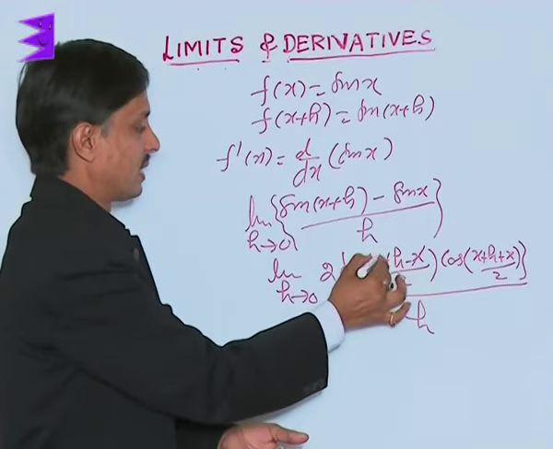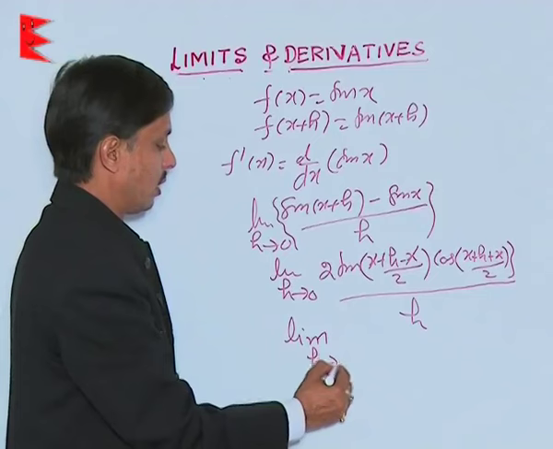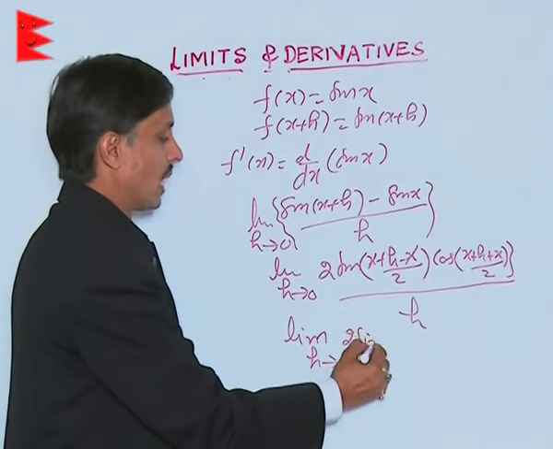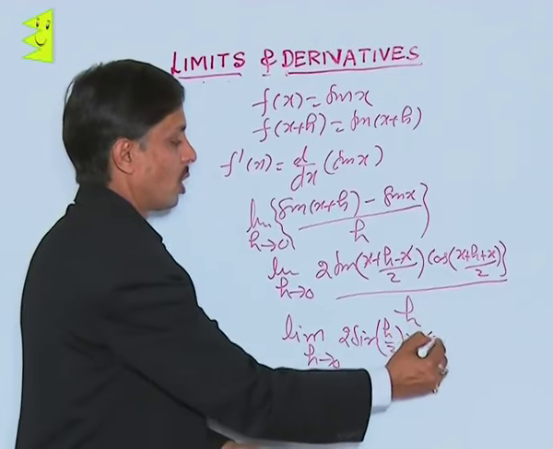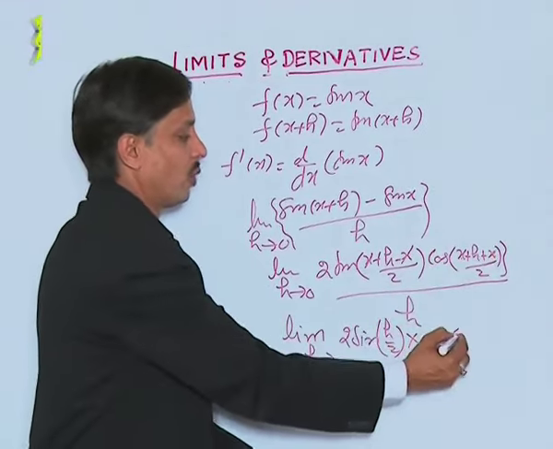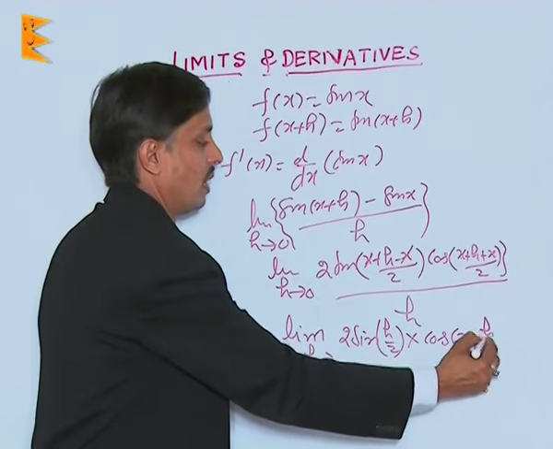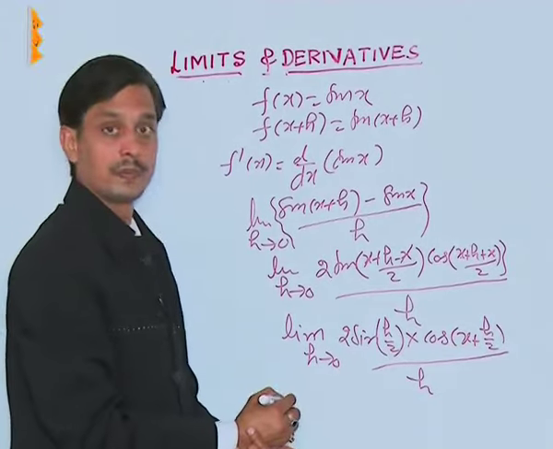So this x and x get cancelled. We have obtained limit h tending to 0 of sin(h/2) into cos of (2x/2 + h/2), that is x plus h/2, divided by h.